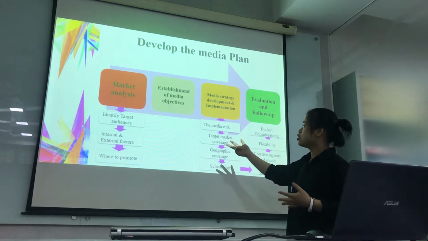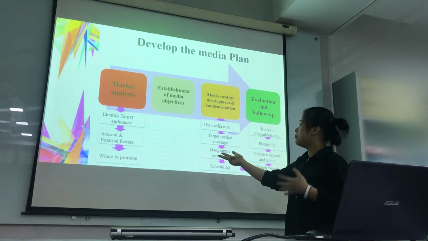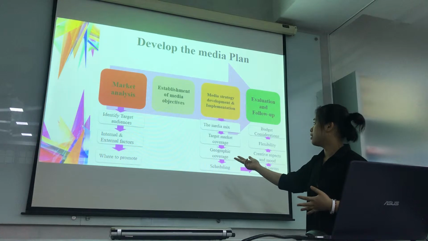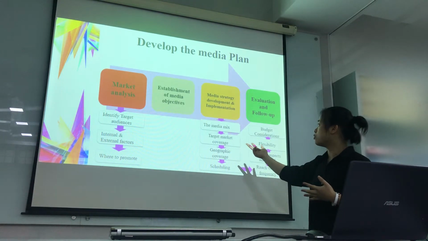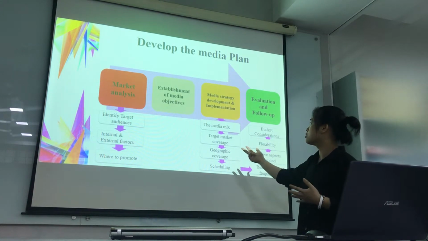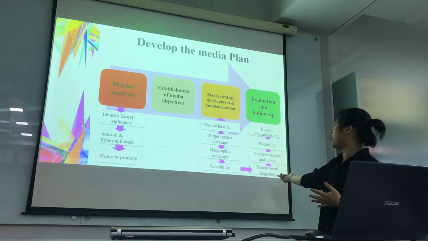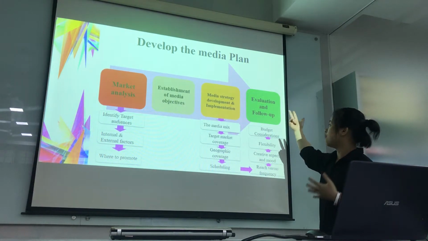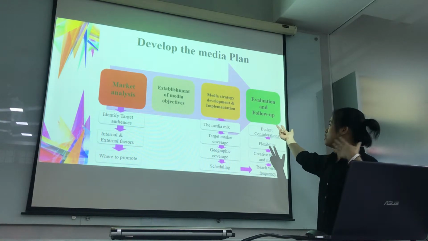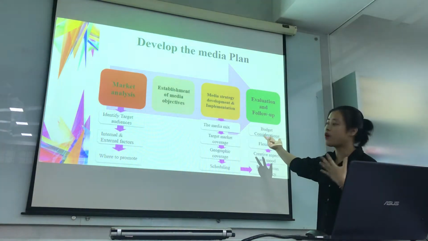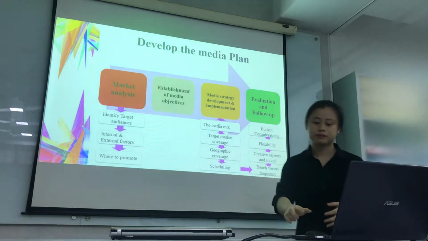The second is to establish media objectives. After we set our goals, we need to take action. We need to implement strategy, including these small factors, and the final stage is to evaluate how effective our strategy is and how we can improve from that.